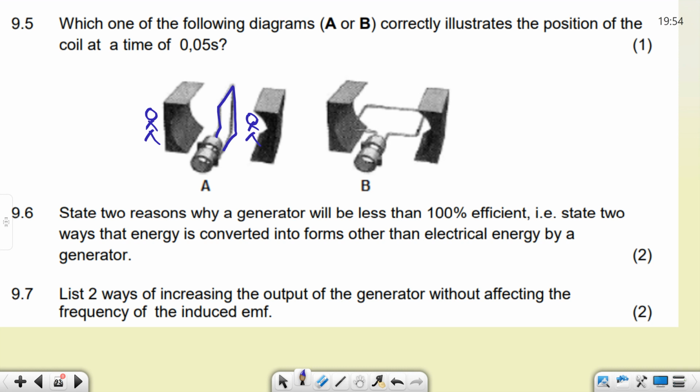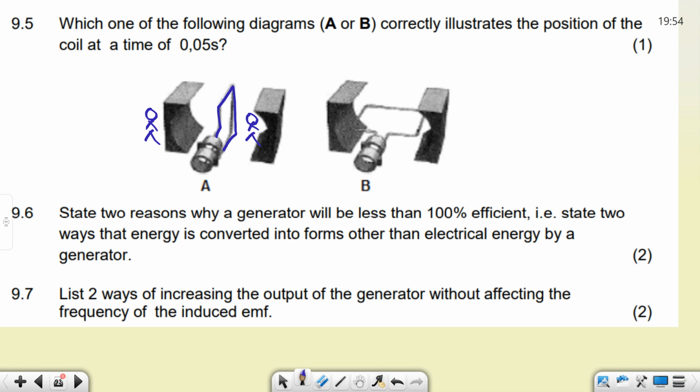Love is 0. State 2 reasons why a generator would be less than 100% efficient. That is, state 2 ways that energy is converted into other forms other than electrical energy by a generator. Guys, what type of other energy conversions can we have?